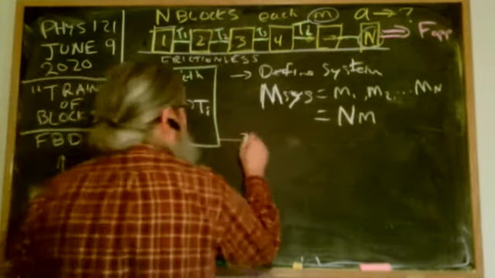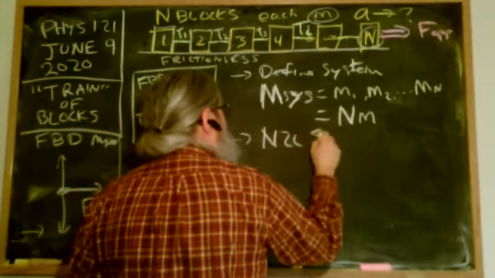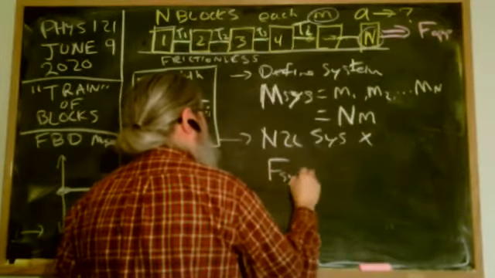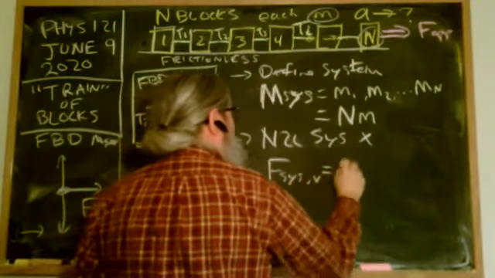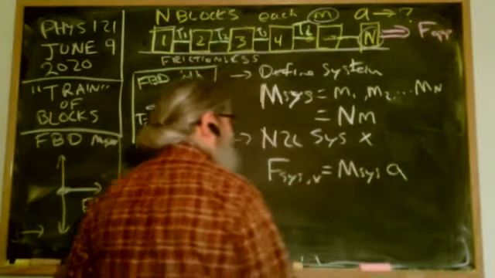So then I can apply Newton's second law to the system in the x direction. F_sys in the x direction is equal to the mass of the system times the acceleration of the system.